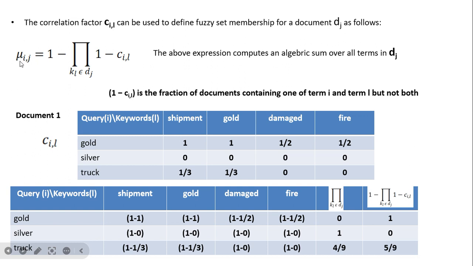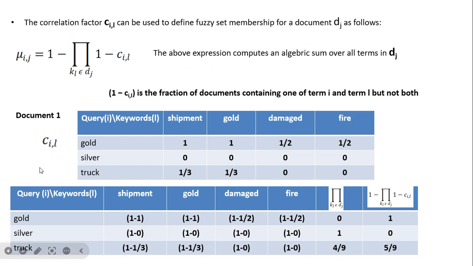This is the formula for fuzzy membership: mu of ij, where j is the document and i is our keyword, equals 1 minus the product, that is the multiplication, of 1 minus c_il. The above expression computes the algebraic sum over all the terms in Dj. So 1 minus c_il is a fraction of documents containing one of the terms i or l but not both. When we solve the example, you will get a clear idea of how the membership function is defined.